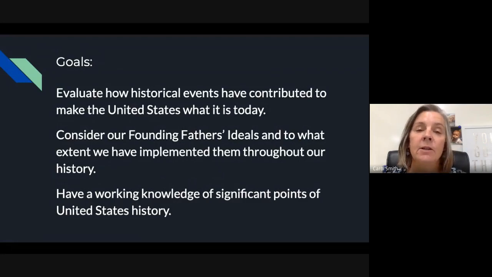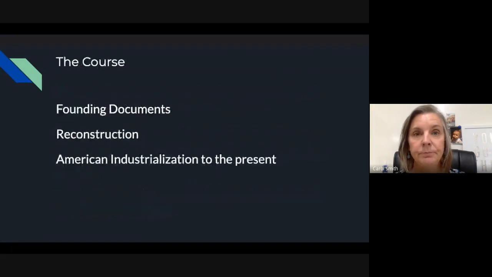We've already begun to look at those American ideals and to consider, to what extent have we lived up to those ideals. I want them to have a general working knowledge of the significant points of our United States history.